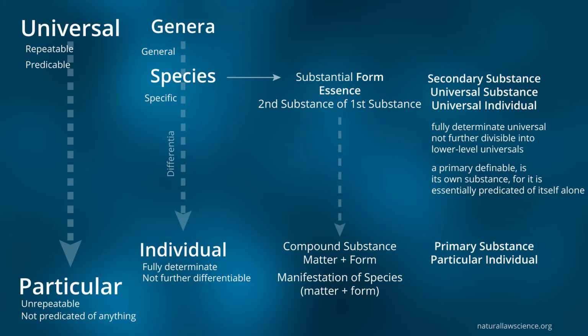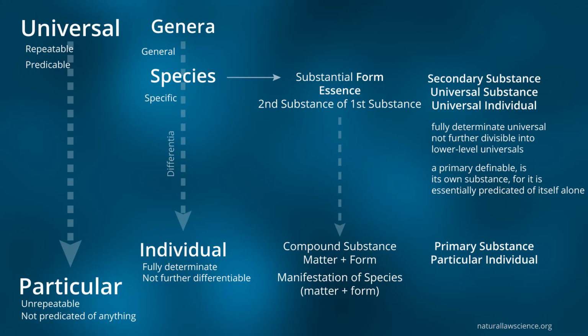So the substantial form, the essence, is a second substance of the first substance, so it's a universal substance of the particular substance. So we go down from universal to the individual, from the substantial form of the essence, secondary substance, towards the first substance. That is the compound substance of matter and form. The matter which is informed by the form, and the form which informs the matter.